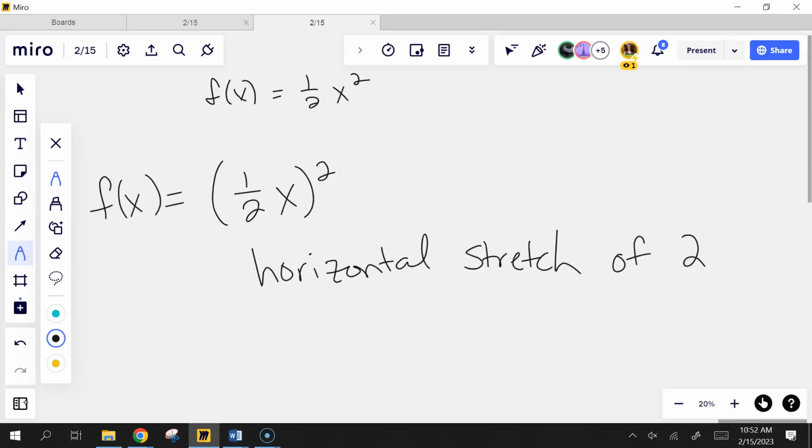You're looking for it to be in parentheses or in some type of grouping with the x to be horizontal. Vertical is what it is. Horizontal is opposite.